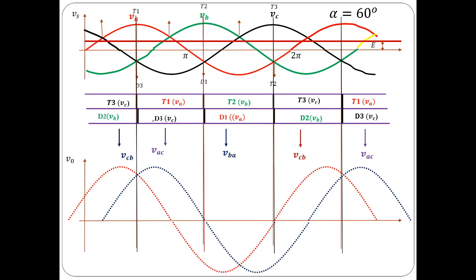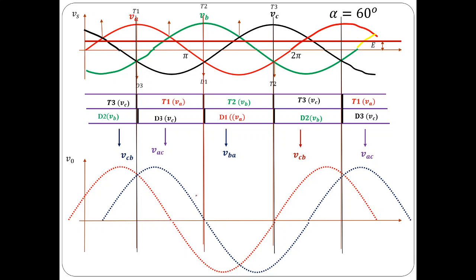Similarly, T2 D1 and T3 D2 are going to conduct simultaneously. During this period, from pi by 6 plus alpha to 5 pi by 6 plus alpha, the output voltage would be the same as VAC. So VAC is this. VAC is going to lag VA by 30 degrees or VAB by 60 degrees.